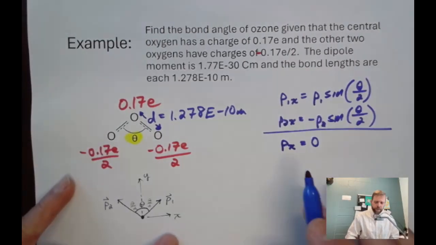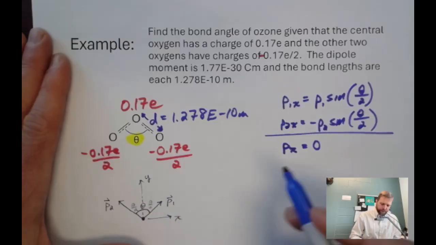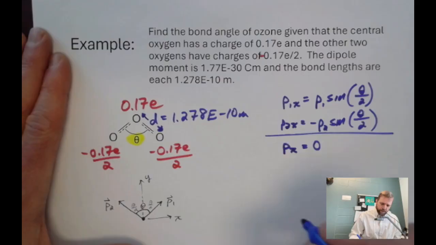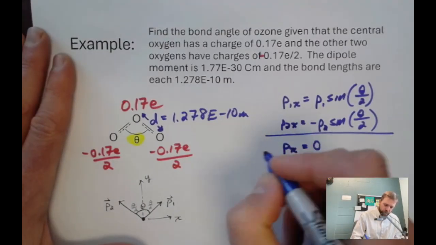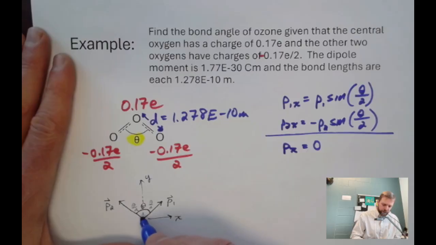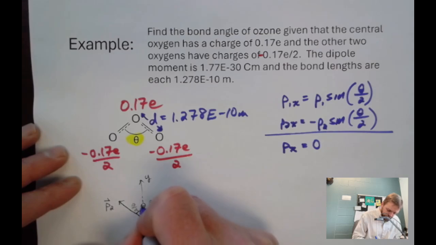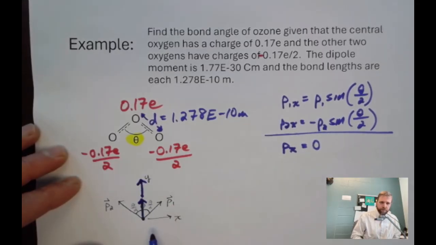Then all we need to do is look in the y direction. In the y direction, they're both pointed in the positive y direction, so the overall y component is the sum of both of those. I'm going to have two of these terms that both add up to give me the total electric dipole.